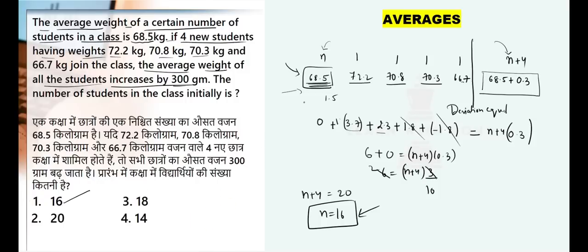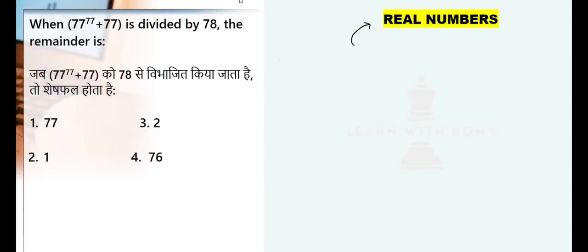Let's hear next question. Now real numbers concept. See here, when 77 power 77 plus 77 is divided by 78, they ask us to find the remainder. See, 77 power 77 plus 77 divided by 78. See here, when 77 divided by 78, the remainder is minus 1. Here power 77.